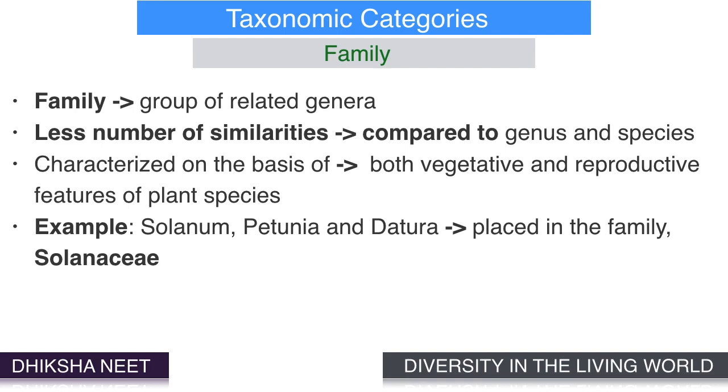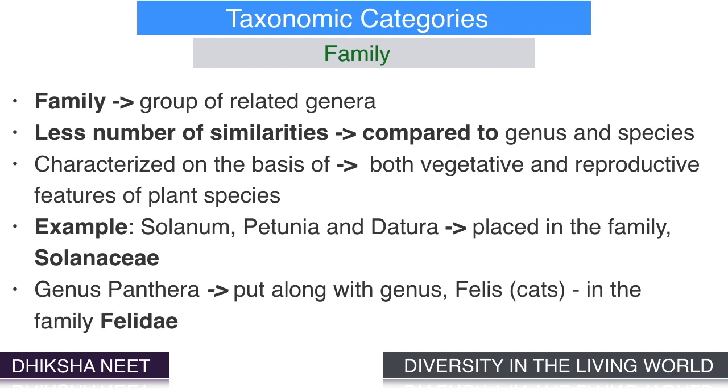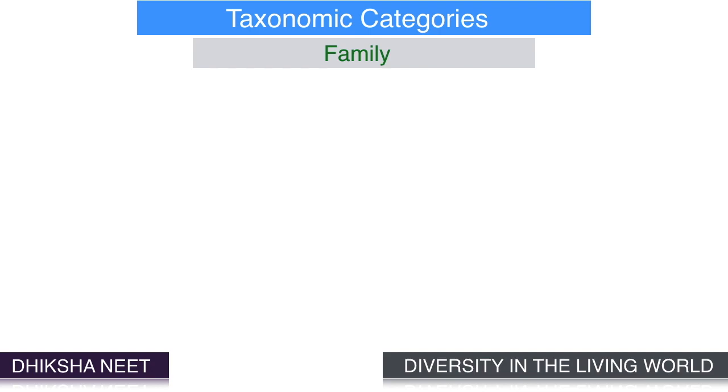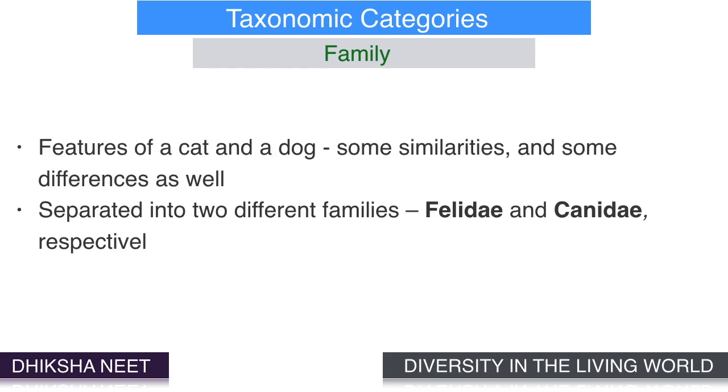Among animals, for example, genus Panthera, comprising lion, tiger, leopard, is put along with genus Felis, cats, in the family Felidae. Similarly, if you observe the features of a cat and a dog, you will find some similarities and some differences as well. They are separated into 2 different families, Felidae and Canidae, respectively.